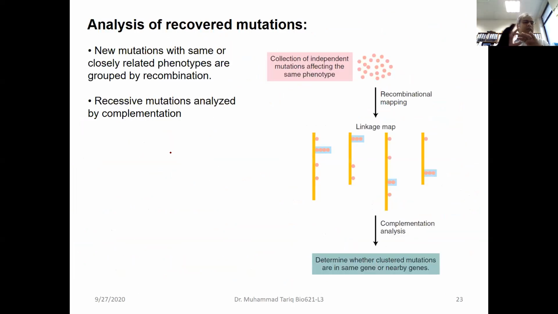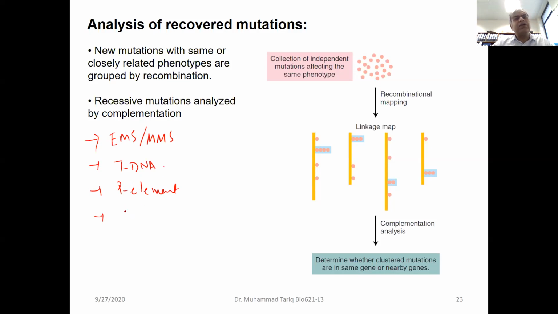So we have gone through different strategies. For example, we have seen simple EMS, MMS screens. In Arabidopsis, we saw T-DNA mediated mutagenesis as well. In fruit flies, P element mediated mutagenesis.